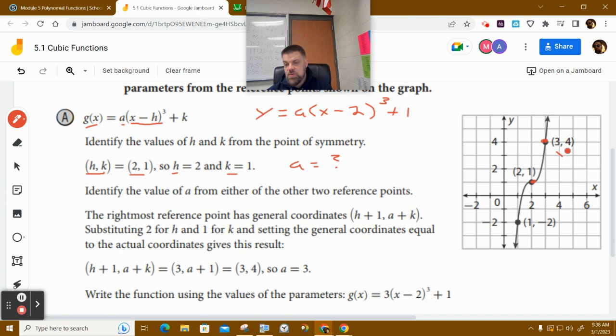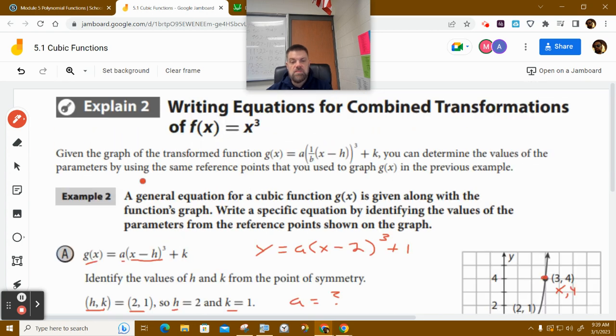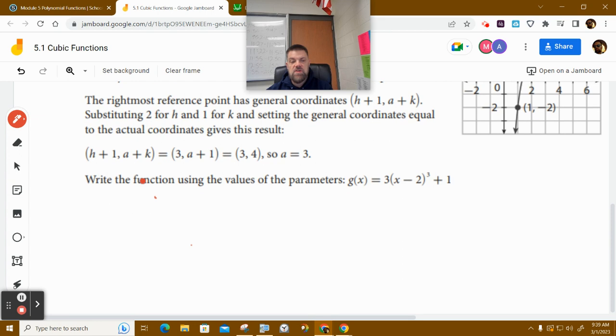Well, isn't 3 an x value and isn't 4 a y value? Yeah. So could I say, and I'm going to scroll down here, I'm going to write it out. 3, 4. So I take that same equation, y equals A times the quantity x minus h, but the h was 2, not 3. 2.